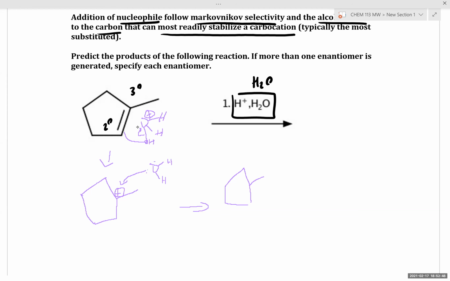And so now that we have this water installed, let's draw OH2. Okay, and that's cationic. So our next step would be just to pull off this proton. So let's draw one of those oxygen-hydrogen bonds out, and let's pull off our proton to get a neutral species.